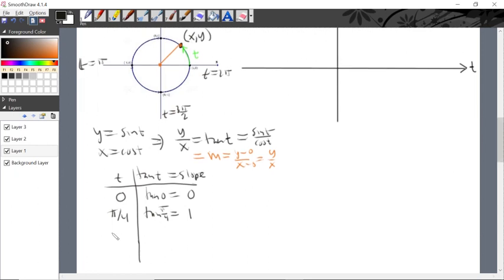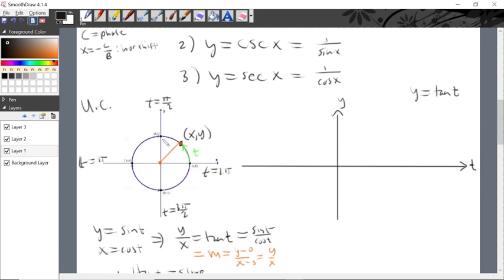Okay, continuing on. What happens as we approach pi over 2? If we were to choose the point on the unit circle where t would equal pi over 2, so that's right here, we have traveled up to this point. The associated line that we would draw, notice, is a vertical line, and of course the slope of a vertical line is undefined.